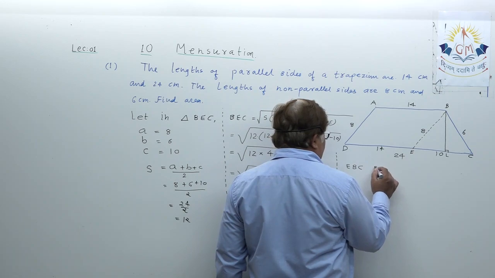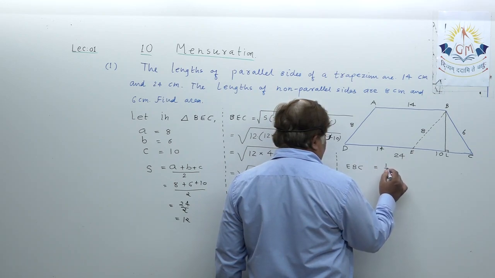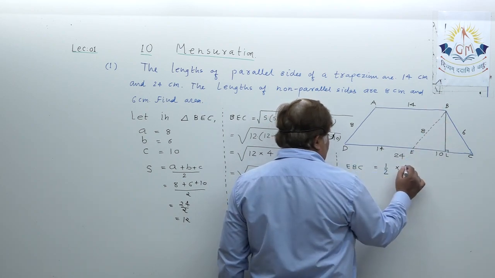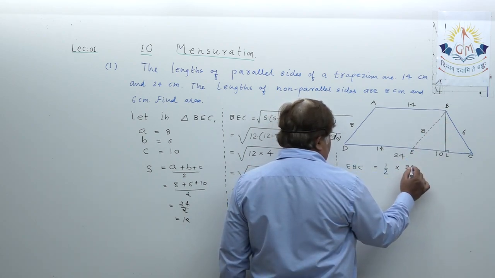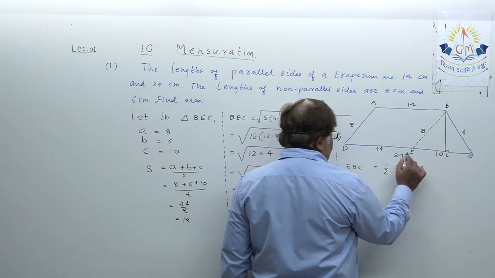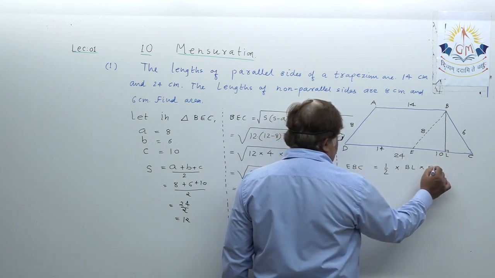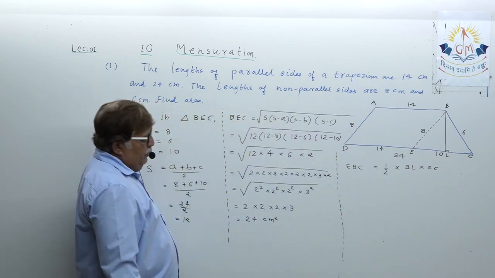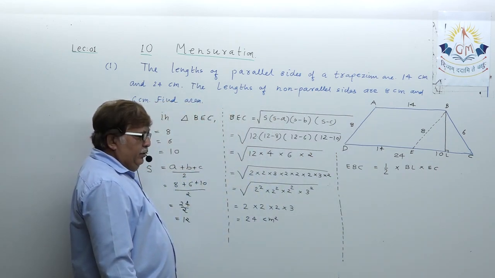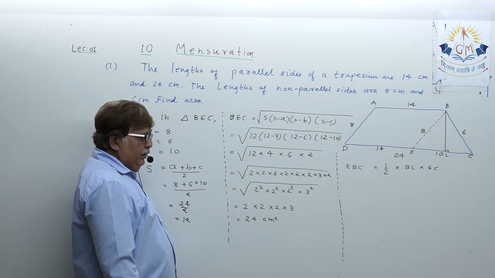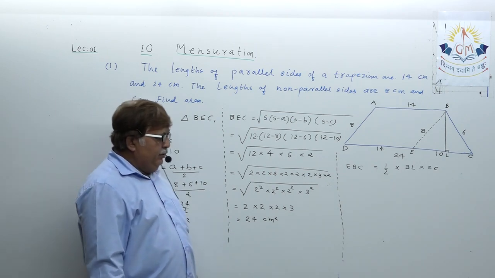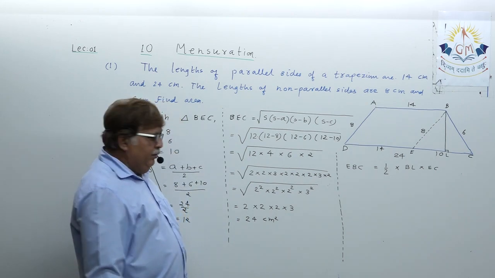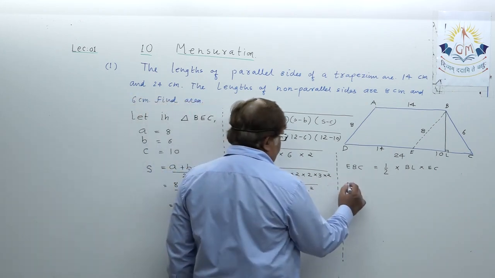One another formula we want to apply, half into altitude, that is BL, into base, that is EC. Okay. Area of triangle EBC equal to half multiplied by BL multiplied by EC. Let us put the area.